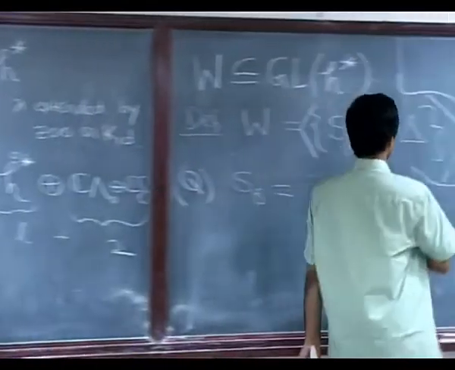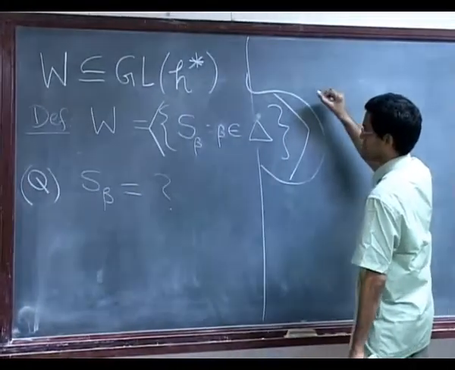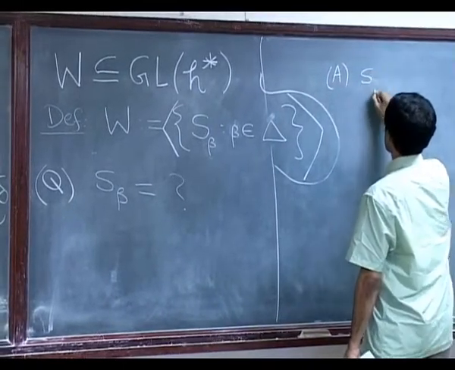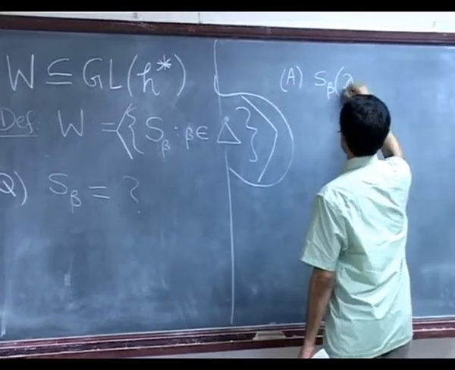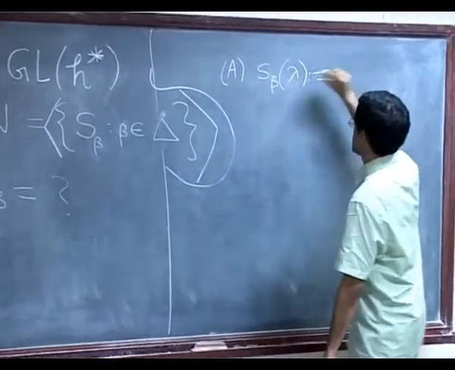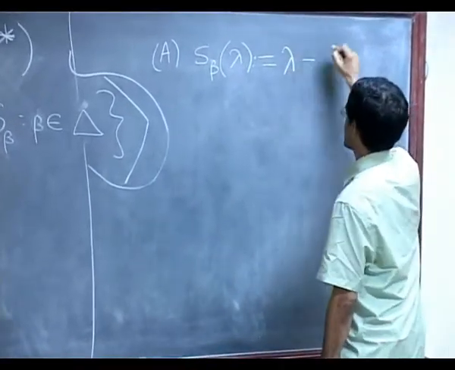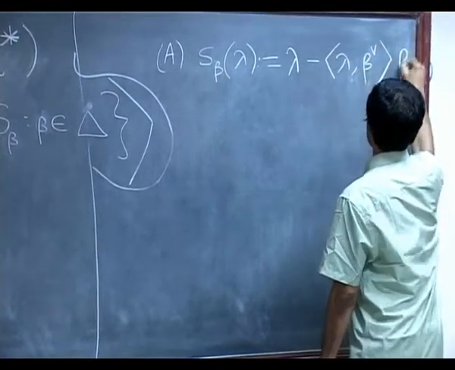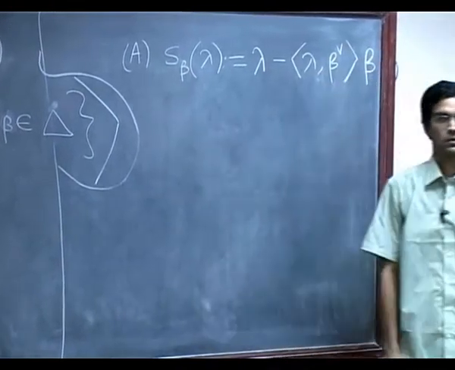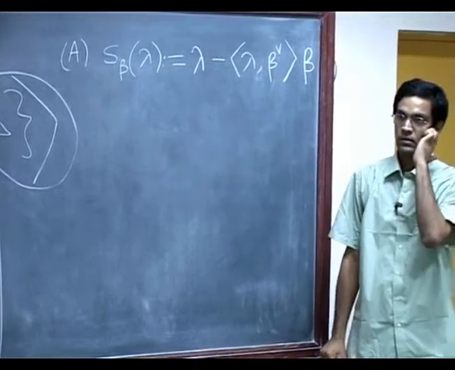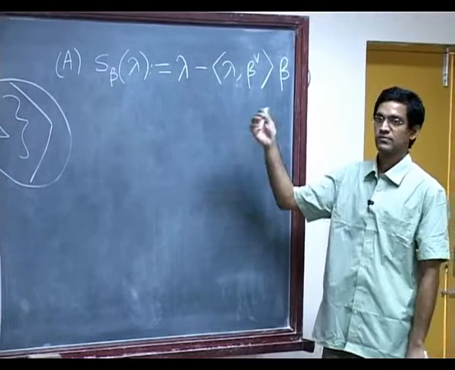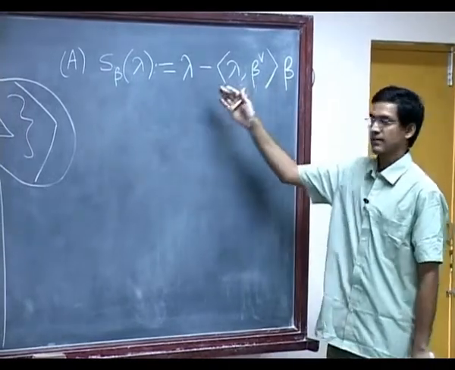And the answer is, of course, you could do the following. Here are the two candidate choices. You could say, well, let's define it as follows. S beta after all had a formula, right. So here's the definition. It's lambda minus lambda beta check beta, right. So this was the formula which worked for reflection in the finite dimensional setup, and we could try and mimic the same thing.